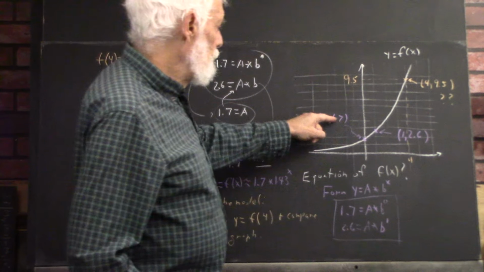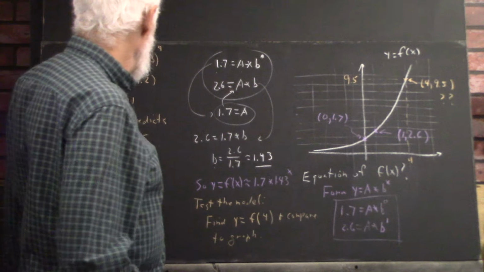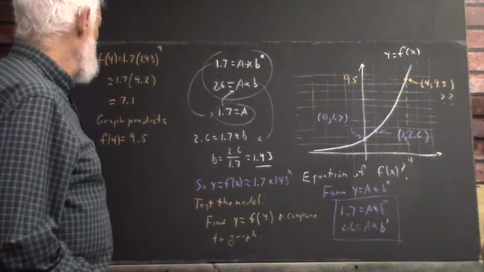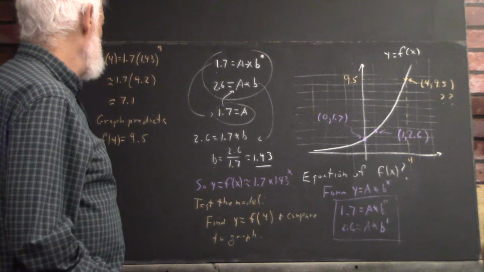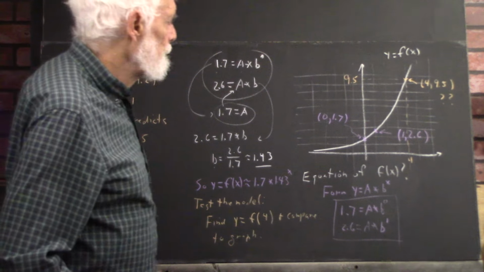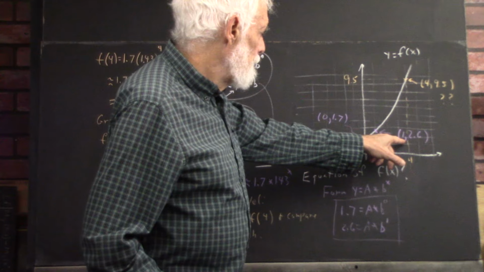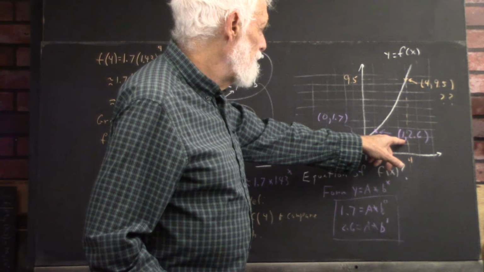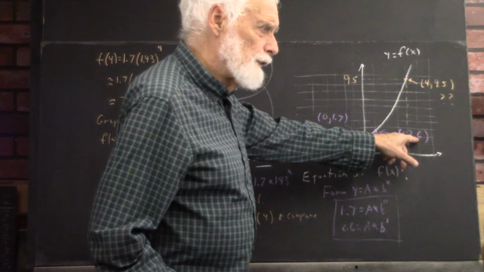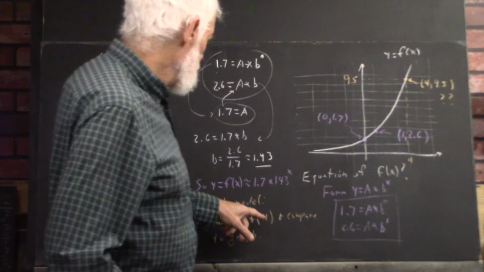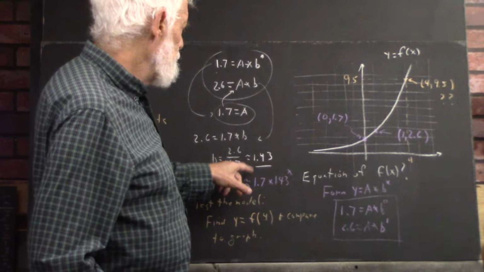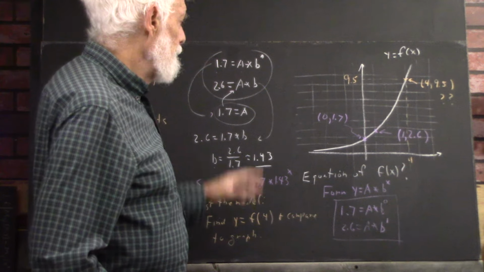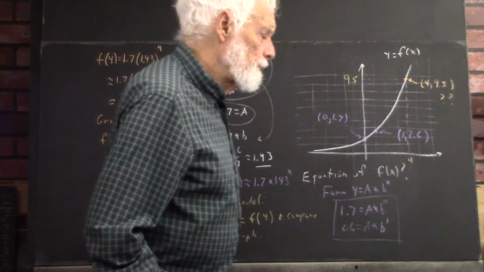Okay, if this is really 1.8, then that would bring this estimate up some. If this point was 2.5 instead of 2.6, that would have an influence on the number that we get here. And that could easily have influenced it.